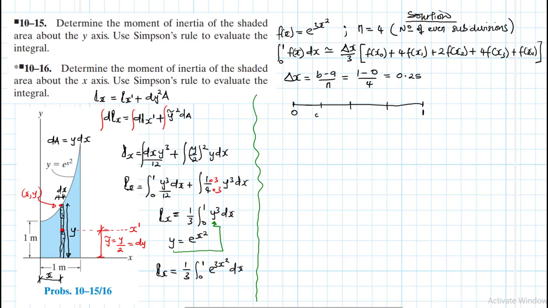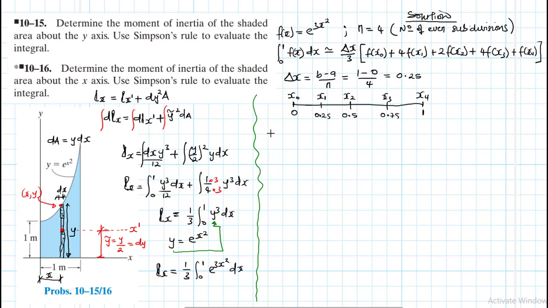So from 0 we move to 0.25, then to 0.5, then to 0.75, then finally to 1. So this first value is our x0, this second value is our x1, x2, x3, x4.